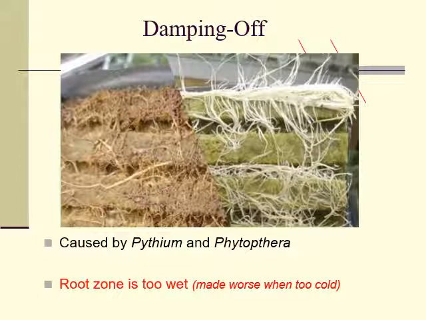And it always starts with the root zone, right? Is it too wet? And also, if you have cold conditions, a wet root zone with cold conditions is always a recipe for disaster. So obviously, along this diagonal on this side, we have healthy roots for a cucumber block, and on this side we have damping off, Pythium.